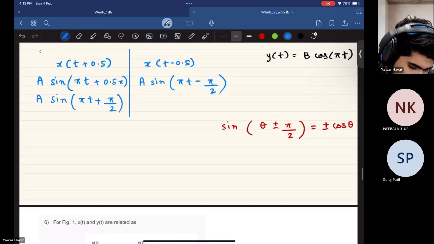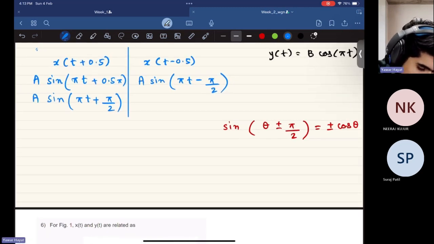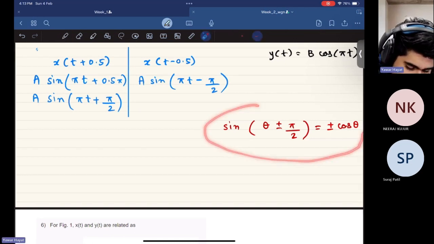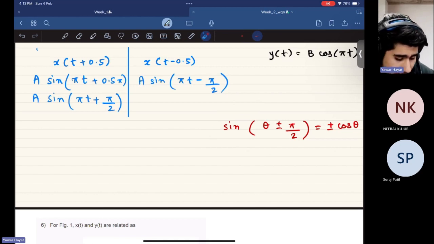So now, given that you know this, actually this is not that difficult to prove. What can we say about this? Can we make any comment?